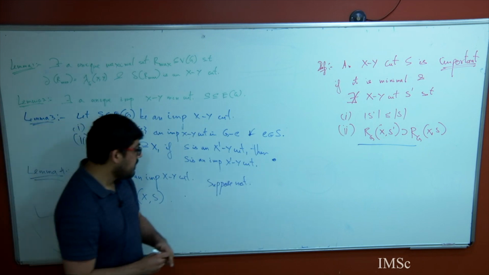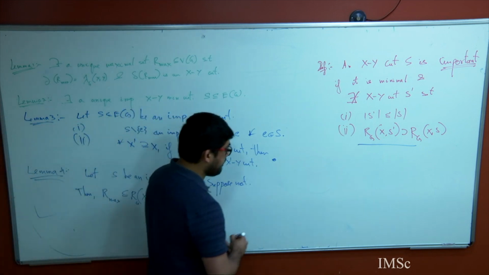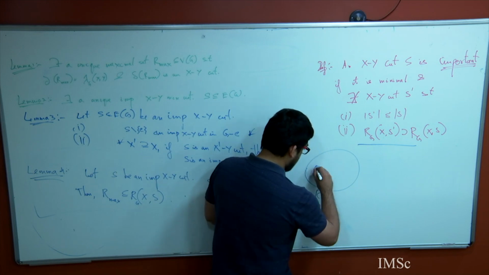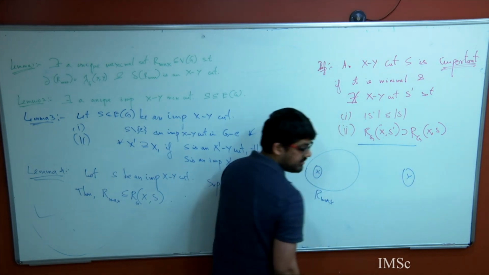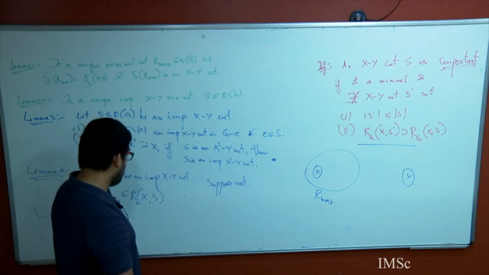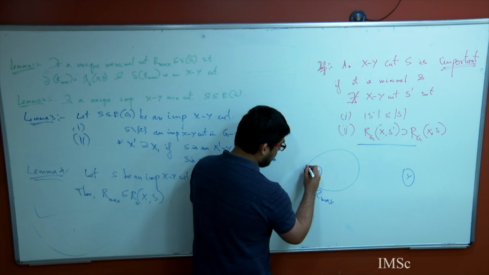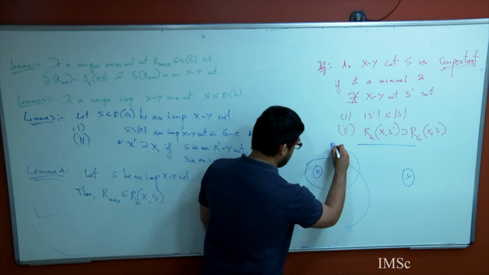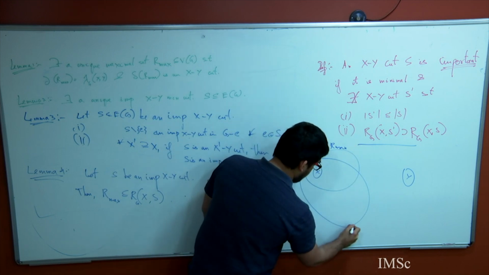That's a good question. So, what would happen if I had, let's say this is my R max. So X is here, Y is here. Now my new cut is going to look like this. Well, so R max is this one, right?